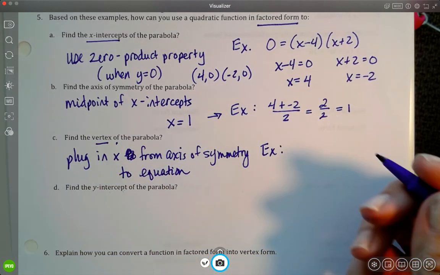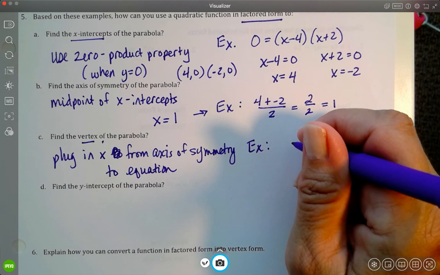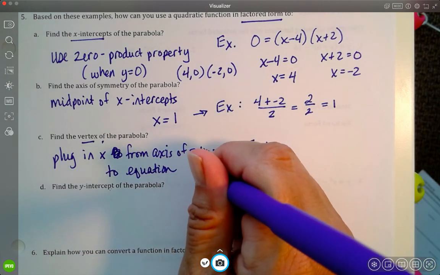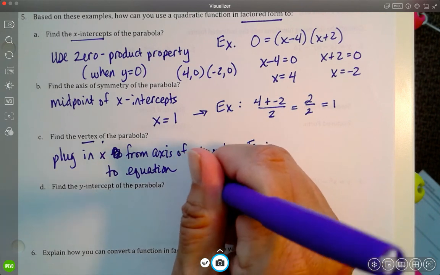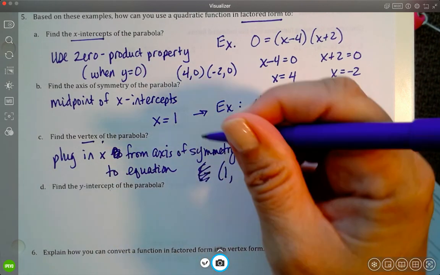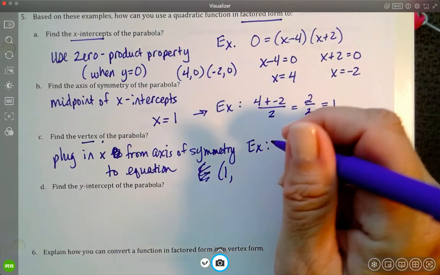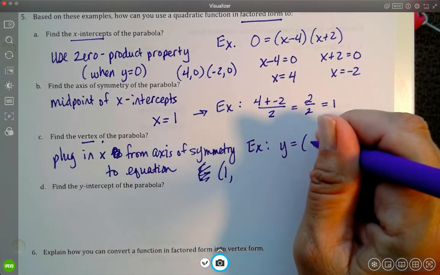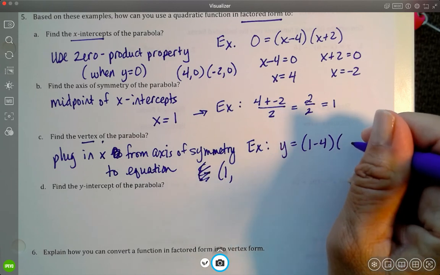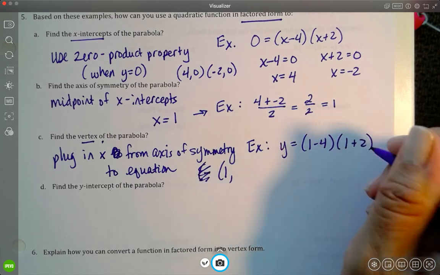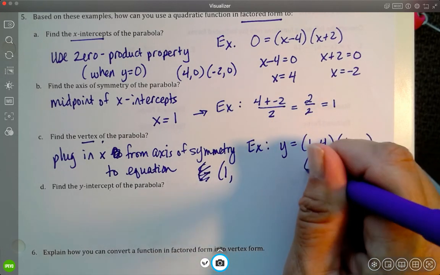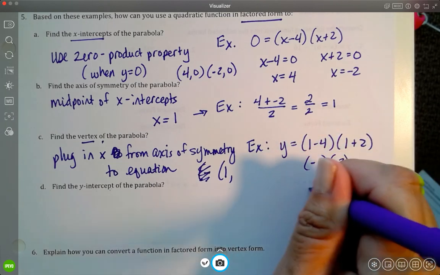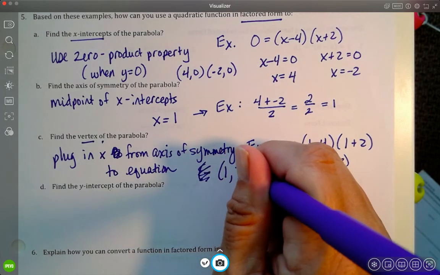So I want to know what the vertex is. Well, I already know that it starts with the axis of symmetry x, which is 1 in our case, remember from the previous problem. So I want to just plug that into my equation. So 1 minus 4 times 1 plus 2. So negative 3 times 3 is negative 9. And I'll go ahead and make that the y part of my vertex.